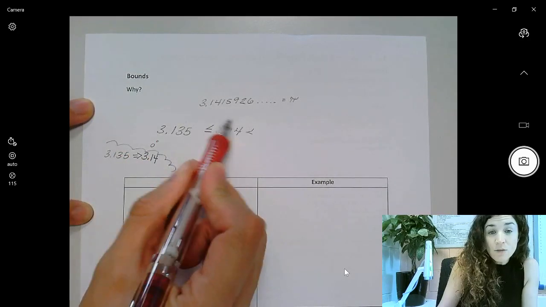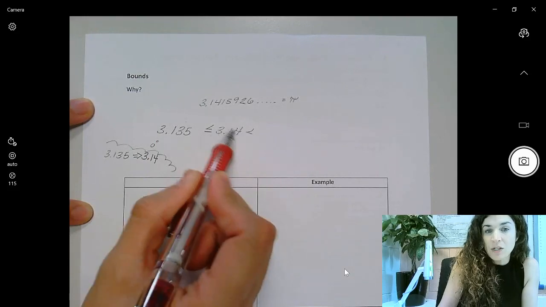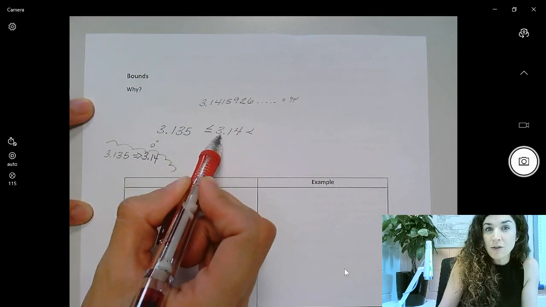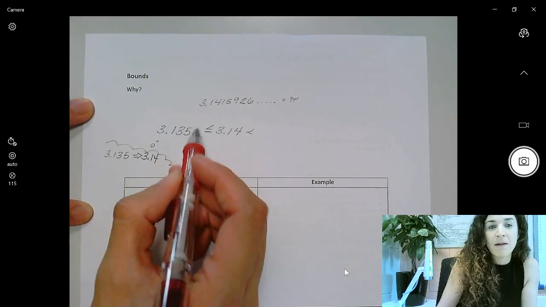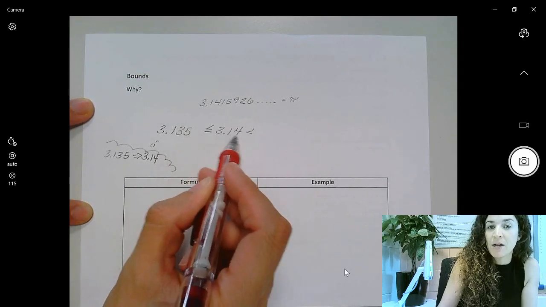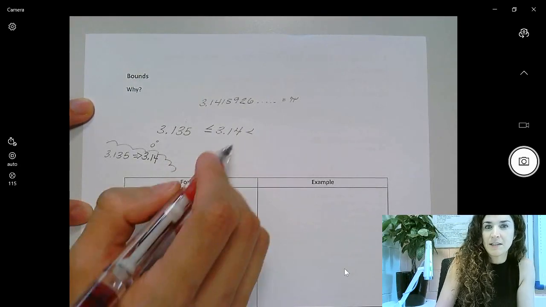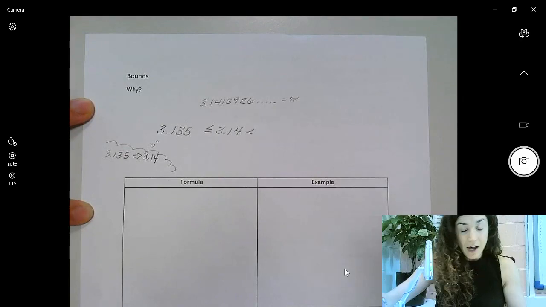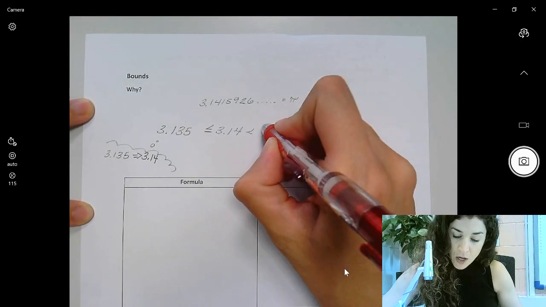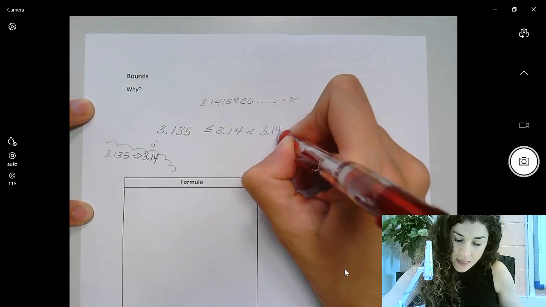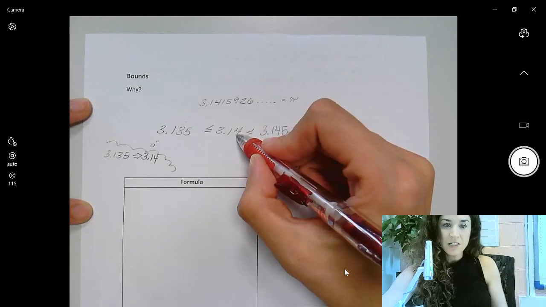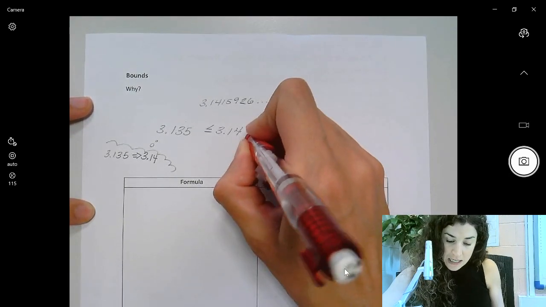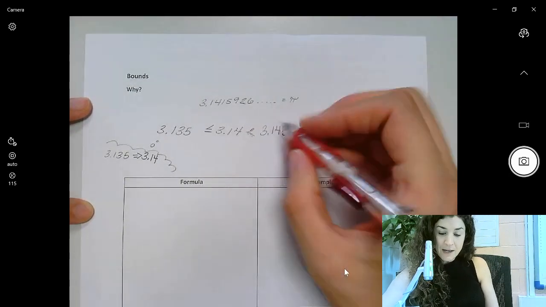So this number is within the neighborhood that would round to this number, right? This guy would round, so we include it. And then anything above this would also round to this number if we're talking about this number of decimal places. However, on the other side of the bound, we have something that would not round to this number, which is why it's strictly less than, okay?